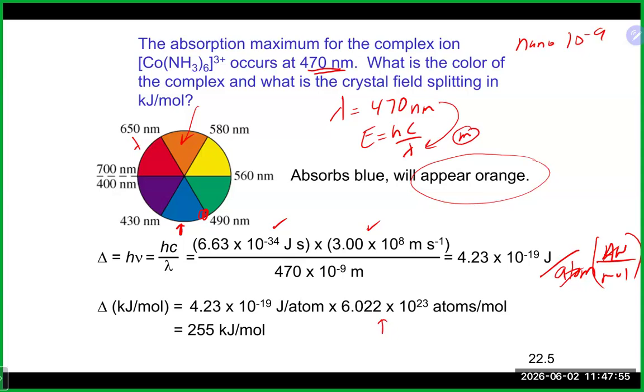We end up with something like 255 kilojoules per mole as the crystal field splitting, which again is the energy difference between the lower set of d orbitals and the higher set of d orbitals, in this case for cobalt. This would have a coordination number of 6, which means you're probably looking at that octahedral splitting that we saw on the previous slide. Again, 3 orbitals in the lower energy level and 2 in the higher energy level.